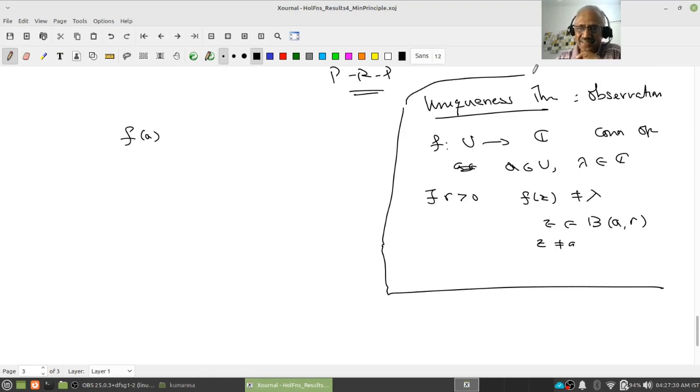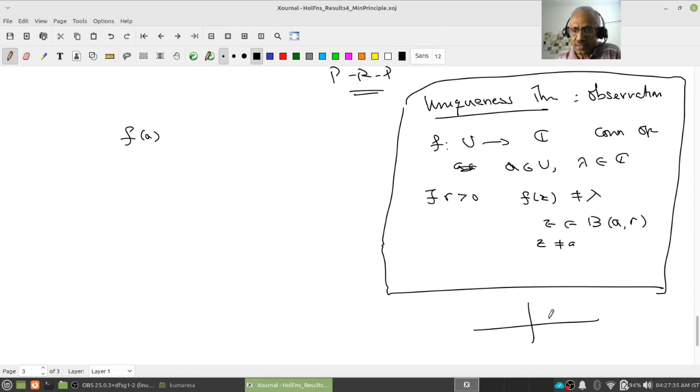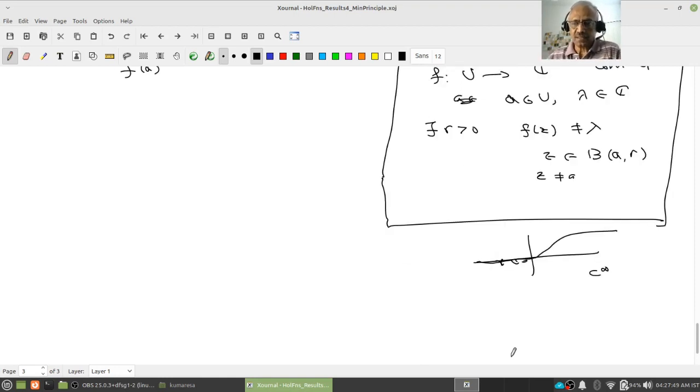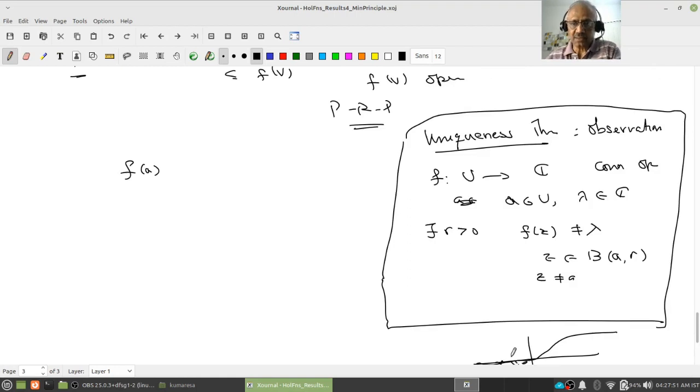This is a very beautiful result, which is not true in real analysis, because there I have C infinity functions which vanish identically on an open set. In real analysis, I can't do that with holomorphic functions.